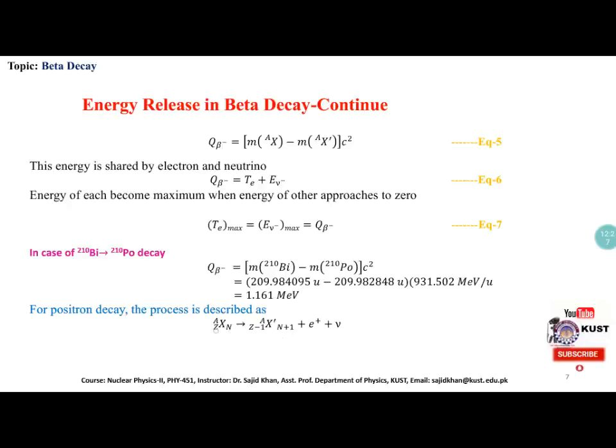The beta positive decay equation is written like this, and by solving the similar equations, the same steps which I did in this slide and in the previous slide, we will finally reach this result. This is the energy released in the beta positive decay. So I am leaving this step for the students to work out. There are a few mathematical steps, and they will arrive at this relation.